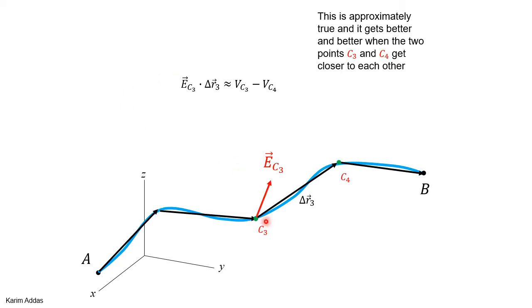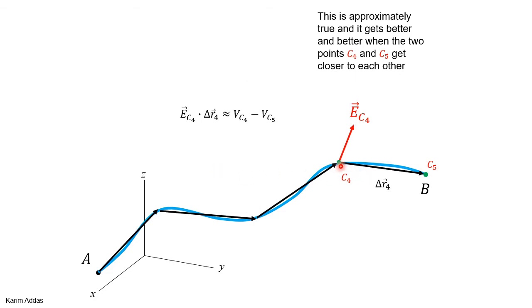And then you can get the potential at C3 minus C4, which is again the dot product, knowing the electric field at C3. And then you can do the same thing to get C4 minus C5, knowing the electric field at 4. So if you know the electric field at the different points in space, you can get the potential difference between 2 neighboring points on that path.